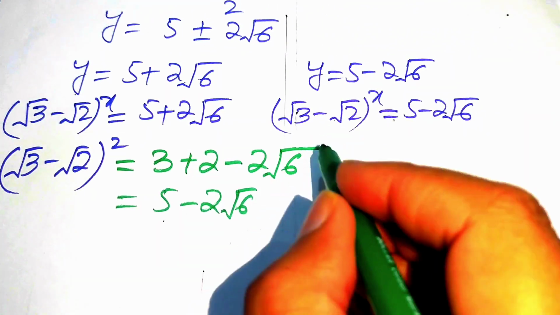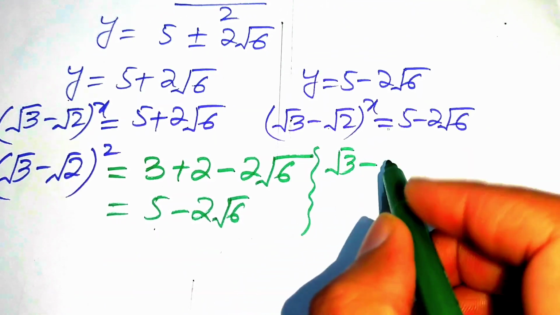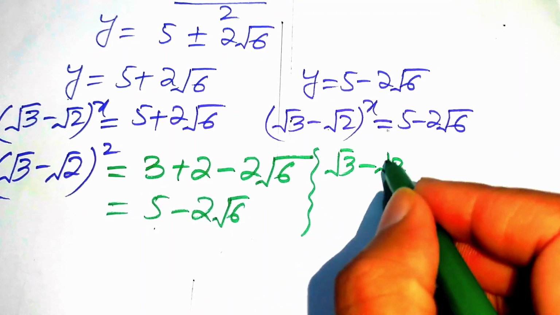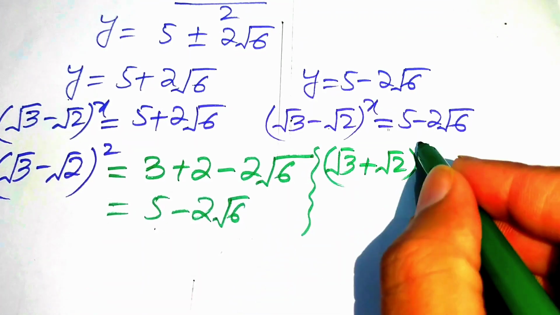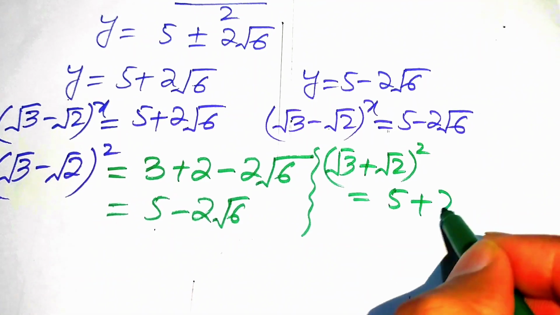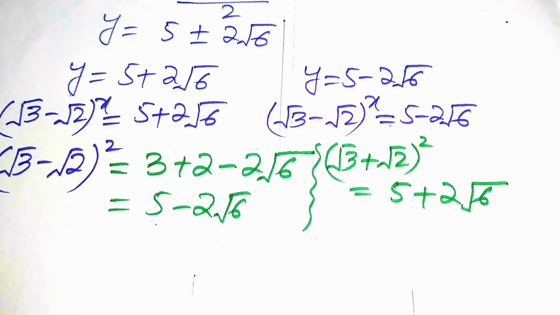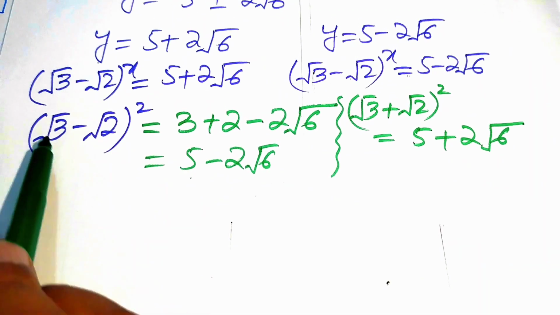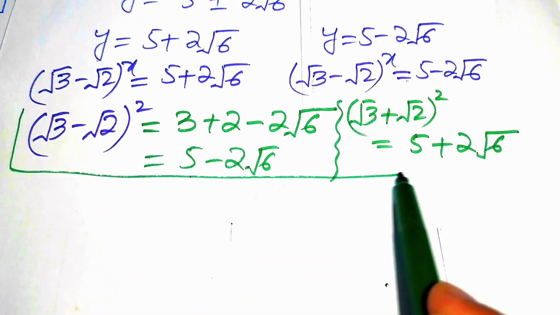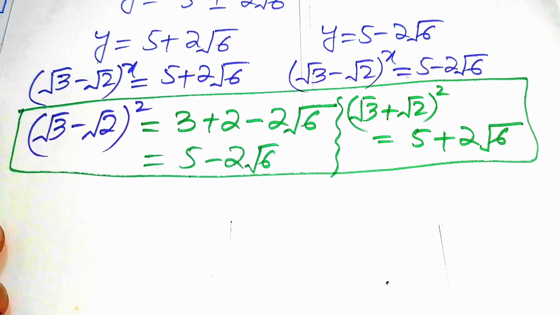And similarly, if we take the square of the other term, then it equals 5 plus 2 times square root of 6. So here we need to use this nice fact on the above two cases.